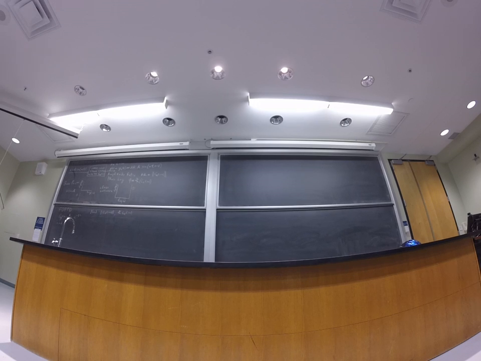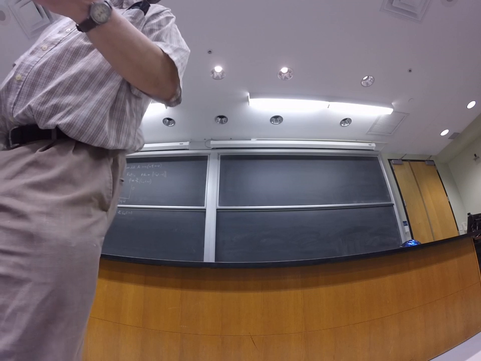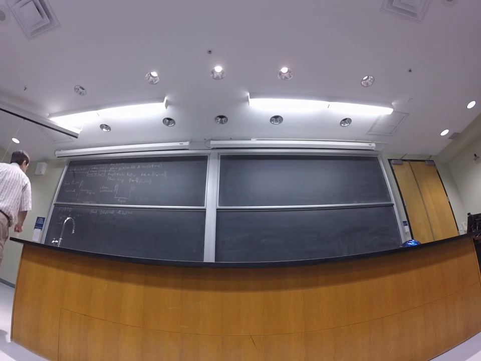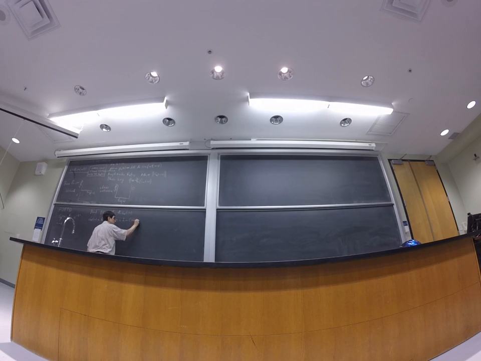Well, I can rewrite GZ of i omega as the real part of GZ of i omega plus i times the imaginary part of GZ of i omega. This indicates real part, and this indicates imaginary.